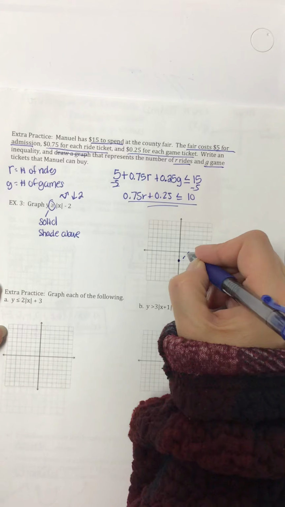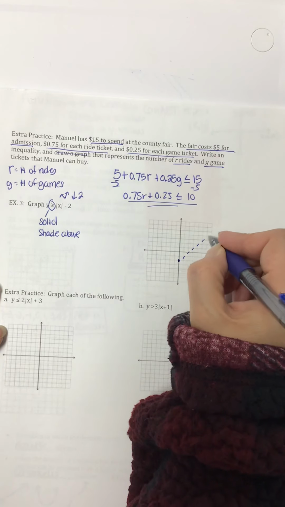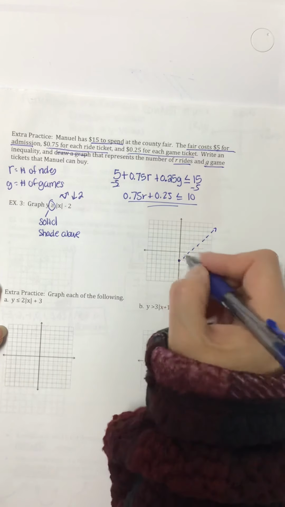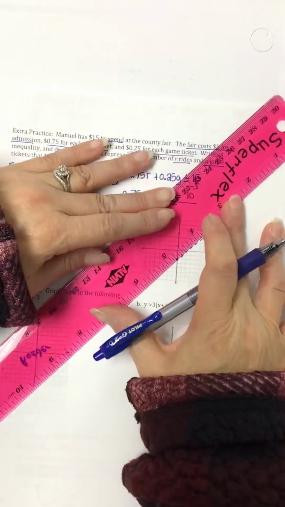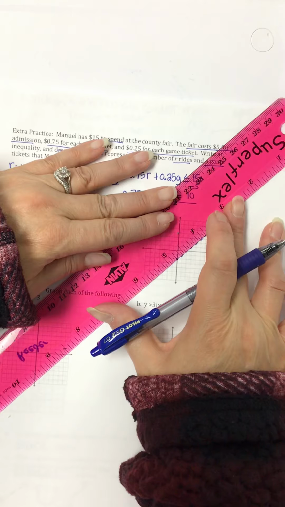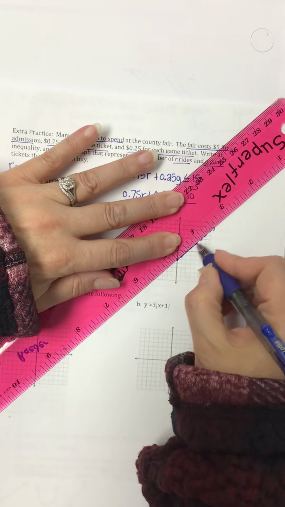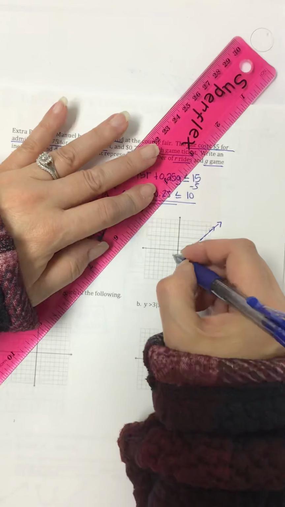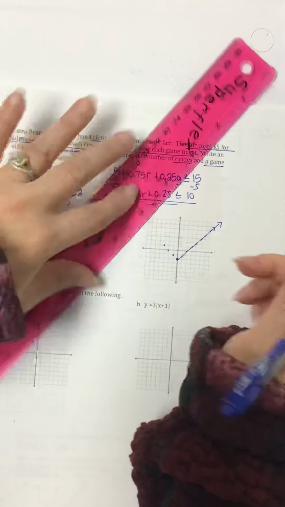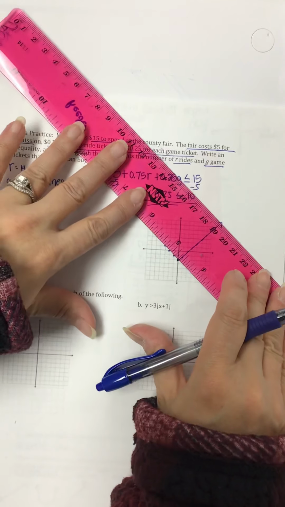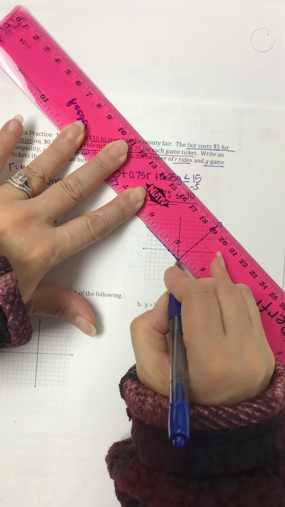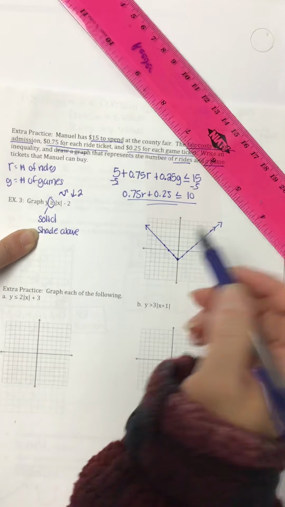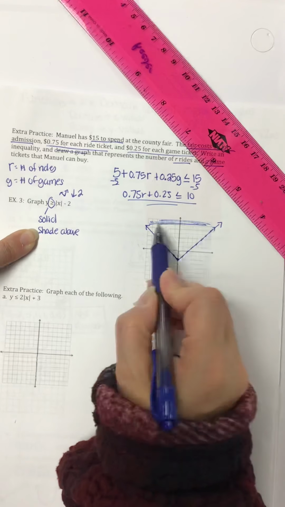And so it's going to look, except for it's solid. Sorry, I was drawing a dotted line there. It's going to look like that right there, and then I shade above, which would be inside that V, wouldn't it?